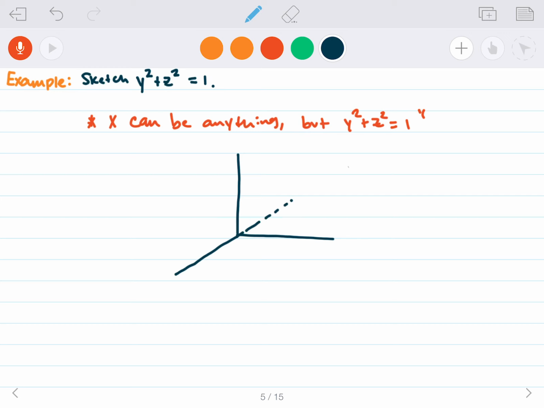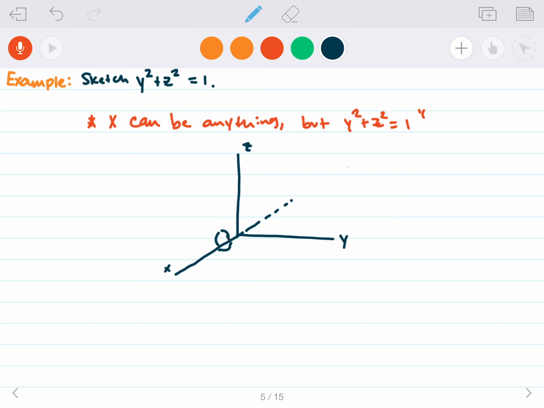Okay, so here's my z, my x, and my y. So y squared plus z squared. So now we're plotting in the yz plane. And so the idea here is that we're traveling along the x-axis, and the circle that we're making is going to have a radius.